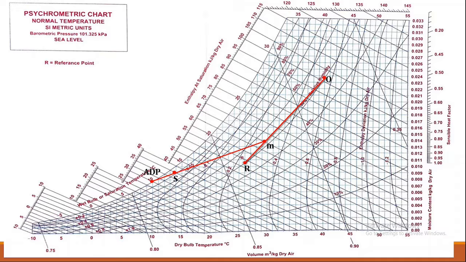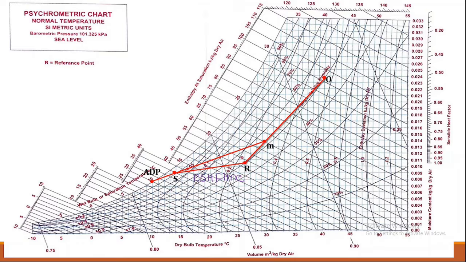Whatever the total heat in the room is, that is absorbed by this supply condition, right? So that process is indicated by the line joining this S and R. That is called the room sensible heat factor line. Okay, so this line is nothing but room sensible heat factor line.